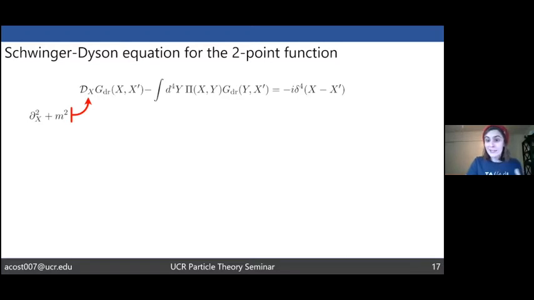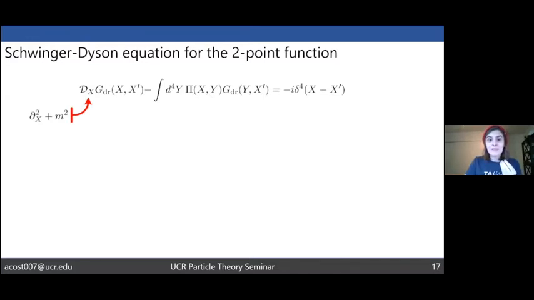This would be your D squared plus M squared. And if we ignore the pi term, the term with the self energy, with the quantum corrections, then we just have DG equals minus i delta, and that is your equation of motion. The solution to this differential equation will be the dressed propagator, I claim.